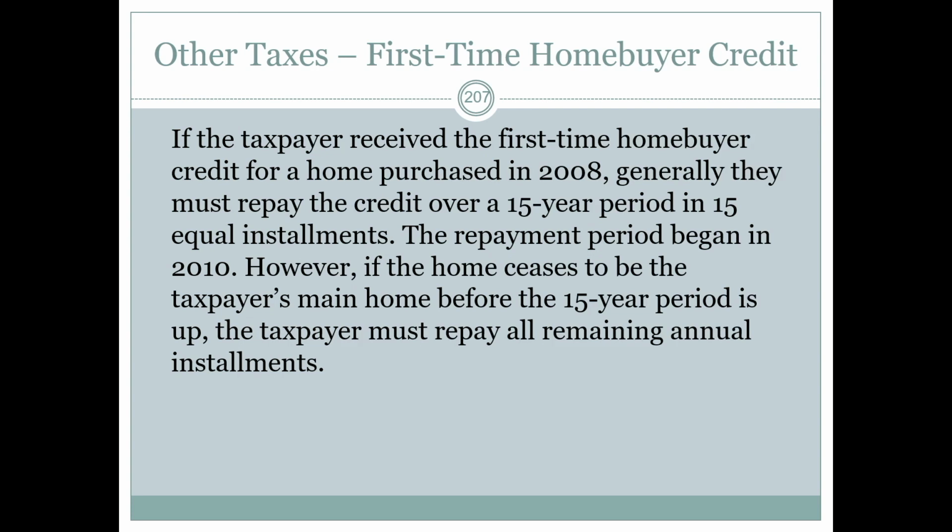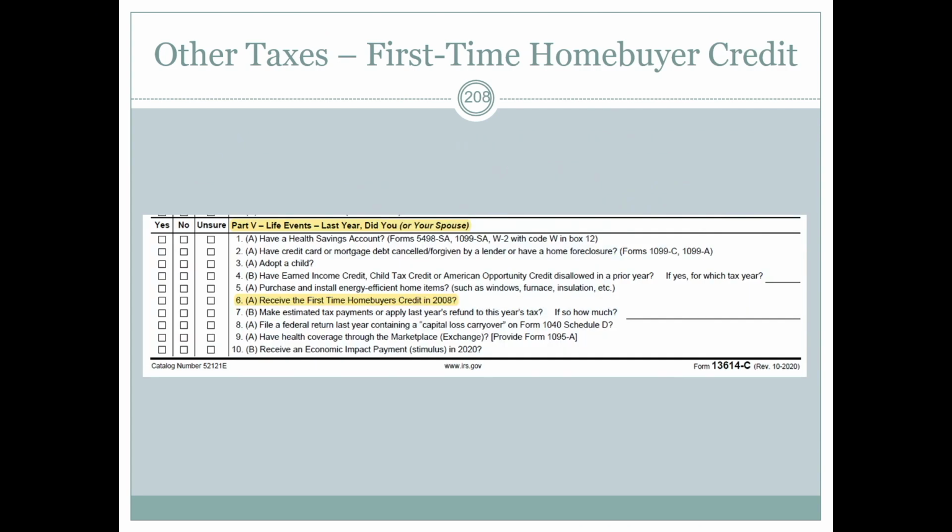How will you know if the taxpayer has the first-time home buyer credit that must be captured? Well, of course, you can ask the taxpayer, but the other source is your intake form, Form 13614-C. Under Part 5, Life Events, number 6, receives the first-time home buyer's credit in 2008.